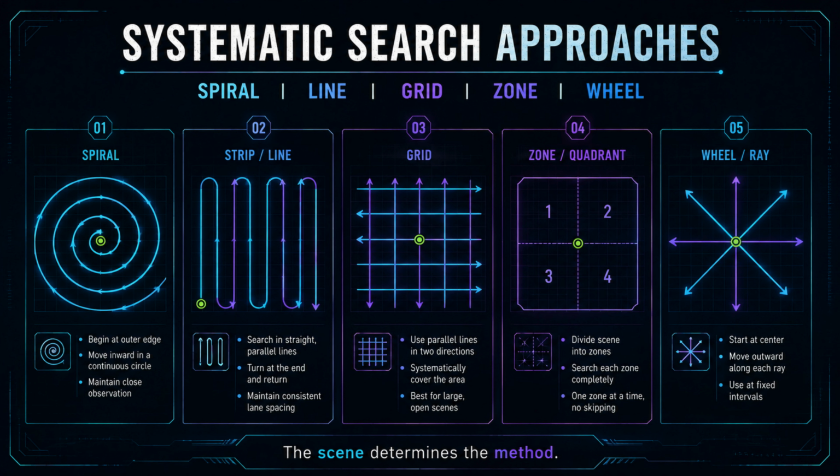Fifth is the number of investigators available. Some patterns can be efficiently conducted by several people working together, while others may be more suitable for a single investigator. Environmental conditions also matter. Poor lighting, rain, wind, darkness, or extreme temperatures can affect the ability to locate and preserve evidence.